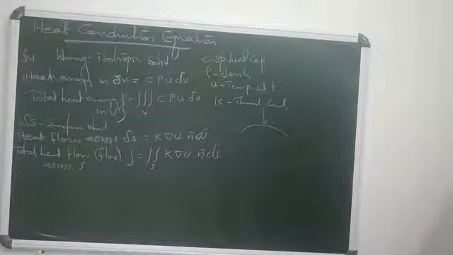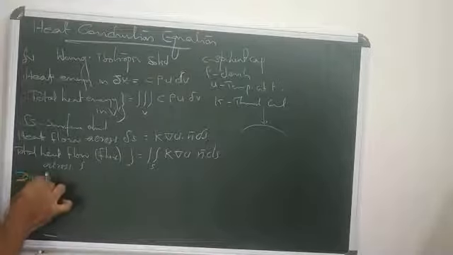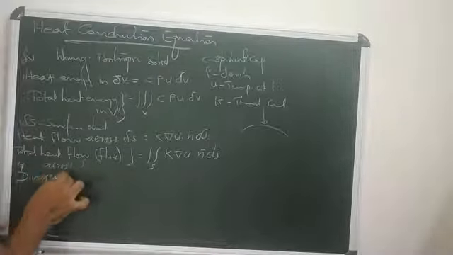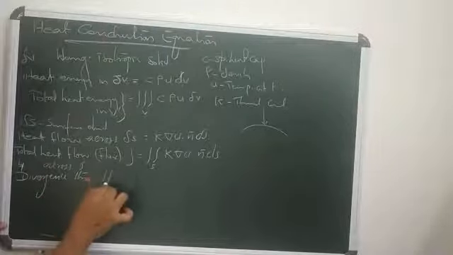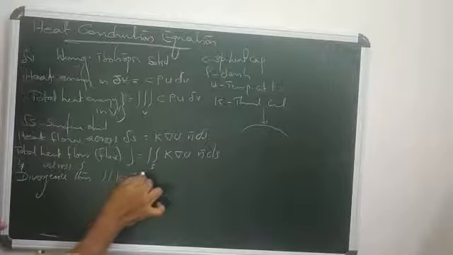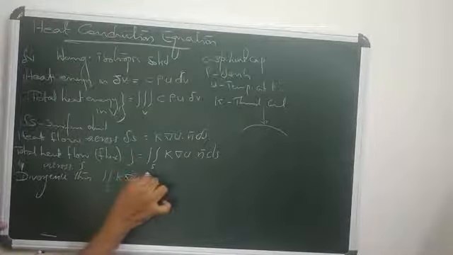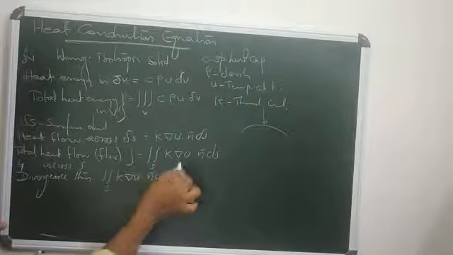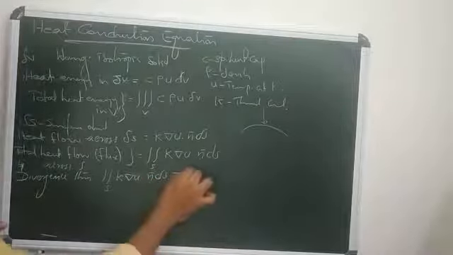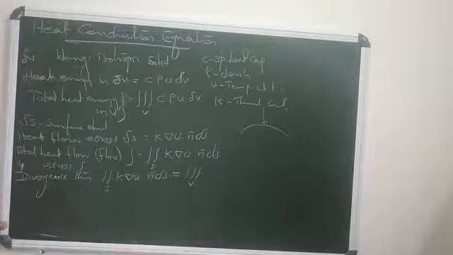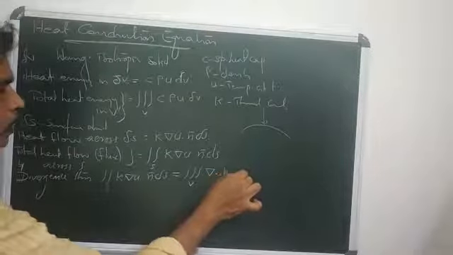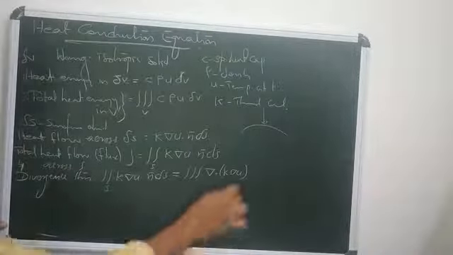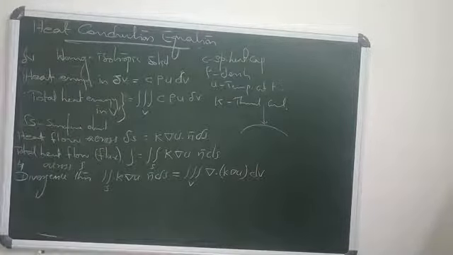Now, by the divergence theorem, the double integral over S of K grad U dot N dS is the triple integral over V of div of K grad U dV.